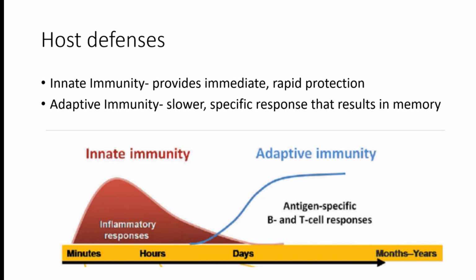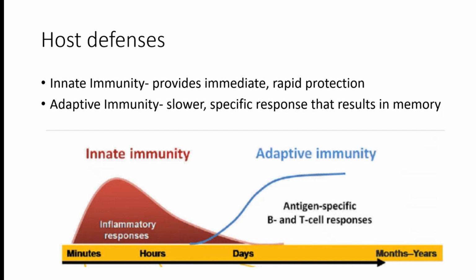On the other hand, if you see the second line called adaptive immunity, you note that it doesn't begin until maybe hours or days, and in some cases, with some pathogens, months later. And this response is slow because it is very tailored to or specific to a particular pathogen.